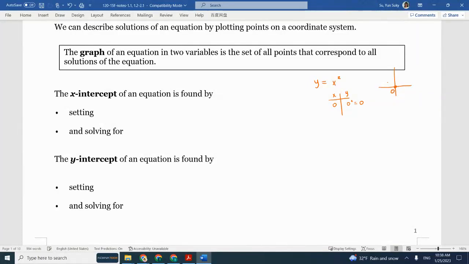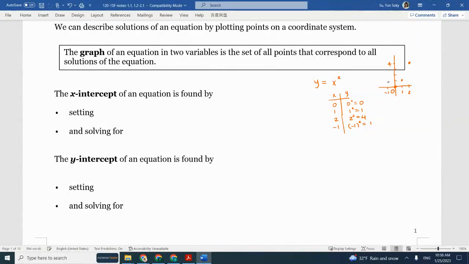Then we pass through the origin (0, 0). If we plug in x is 1, we get 1 squared is also 1. So we have (1, 1) here. And we plug in 2, 2 squared is 4. The x coordinate is 2, and the y coordinate is 4. So we have this point. How about we plug in -1? Well, -1 squared is 1, right?